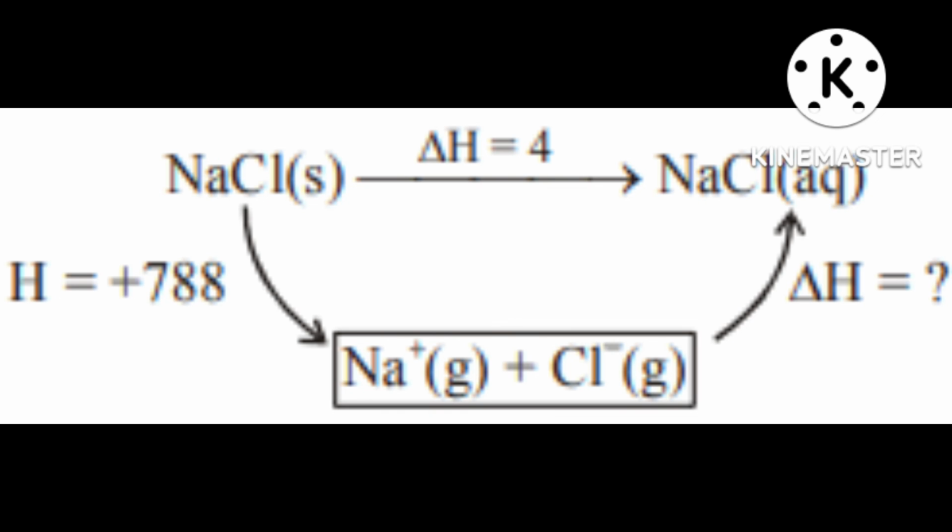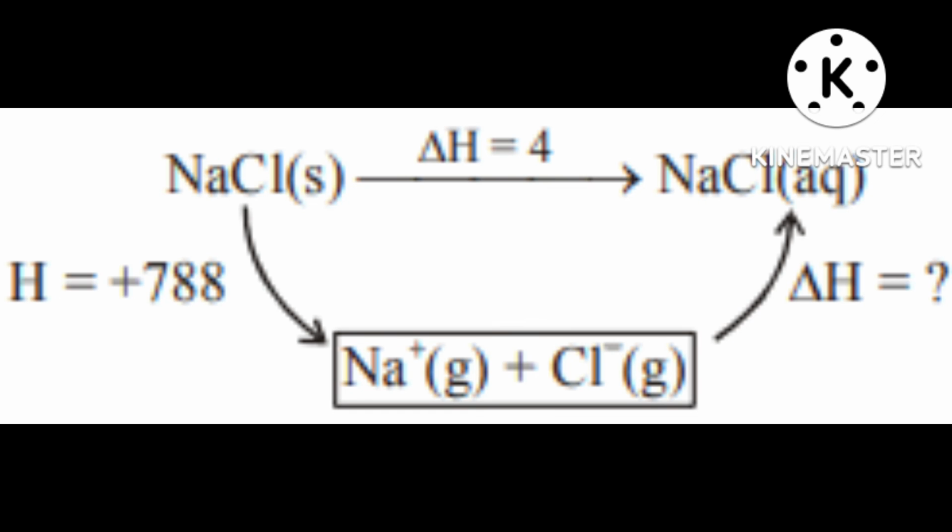Now we use the value of lattice enthalpy to calculate enthalpy of solution. Here is the second application, or benefit, of this Born-Haber cycle. Now you can calculate enthalpy of solution. When I started today, I told you about the heat of solution.